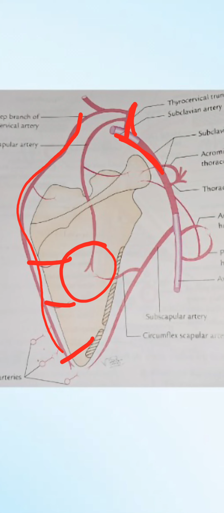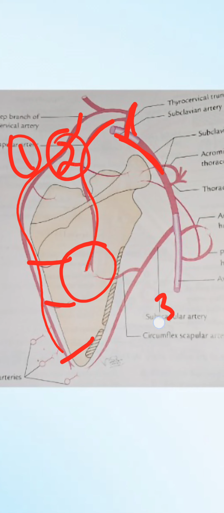The first artery involved in the anastomosis is the deep branch of the transverse cervical artery, second, the suprascapular artery, and third, the subscapular artery. So these are the three arteries which are involved in the anastomosis around the scapula.